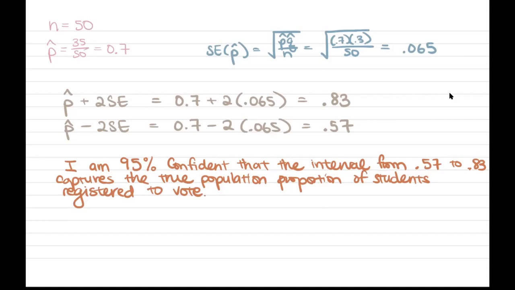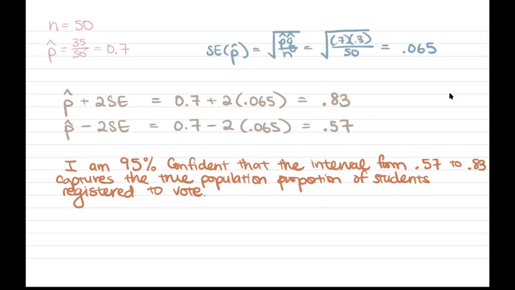You took just 50 of them, analyzed it, and found that now you are 95% confident that of your entire population of thousands and thousands of college students, between 0.57 to 0.83 of them are registered to vote.